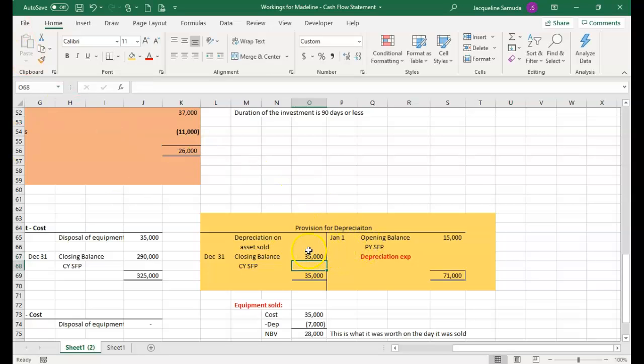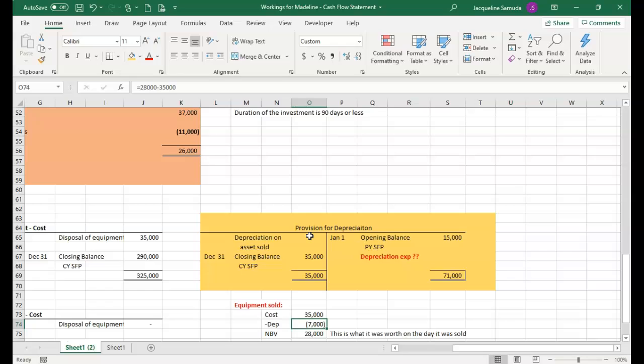Now, the last figure we need to include before we find out what the depreciation expense is, because that is our missing figure right here, we need to find out what was the depreciation on the assets sold. Now, if you recall, we had worked that out to be $7,000.